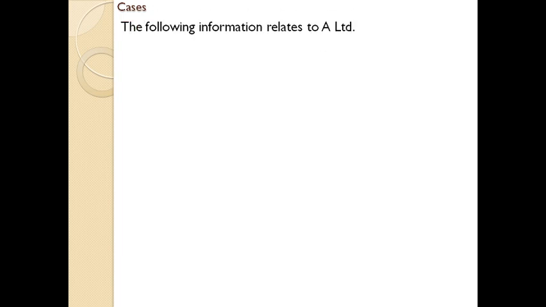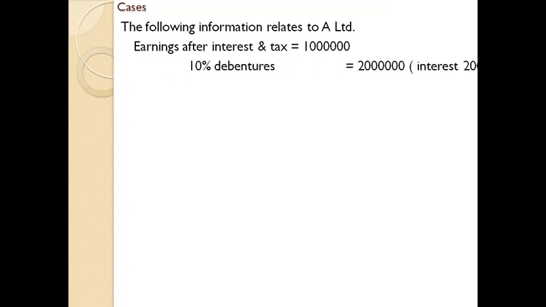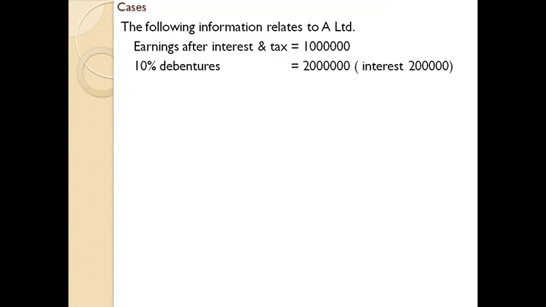Case: the following information relates to A Limited, where the earnings after interest and tax, or EAT, is 10 lakhs. After that, 10% debentures of 20 lakhs, with the interest given in brackets. Usually in the exam, the brackets or interest amounts will not be given.